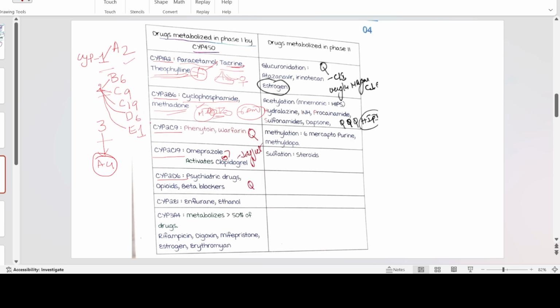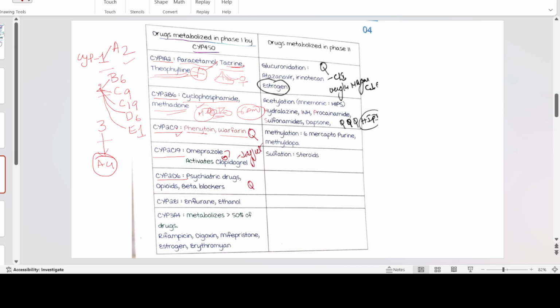The next thing written here is CYP2C9, and the examples are phenytoin and warfarin. How do you remember this? For 2C9, you need to remember the 9.